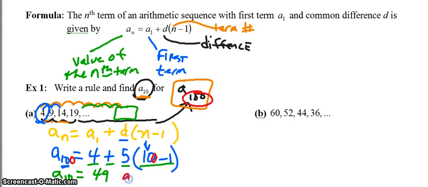So the 100th term is going to be 4 plus 5 times 100 minus 1, which is 99. So we'd get 495 plus the 4, and we'd get 499 as our 100th term. And again, I hope you can see where the formula comes in handy here.